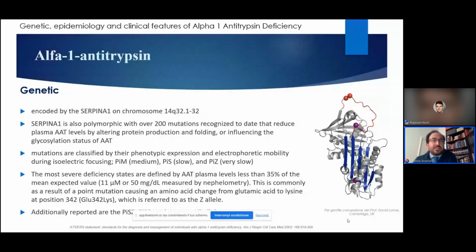Typically, we classify the mutations according to their phenotypic expression and their electrophoretic mobility during isoelectric focusing.